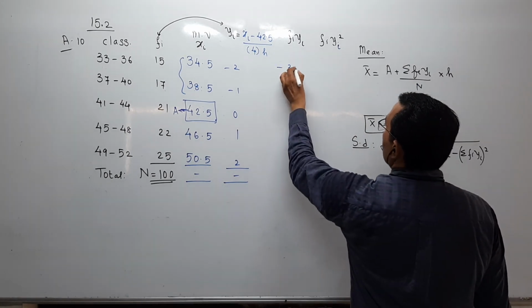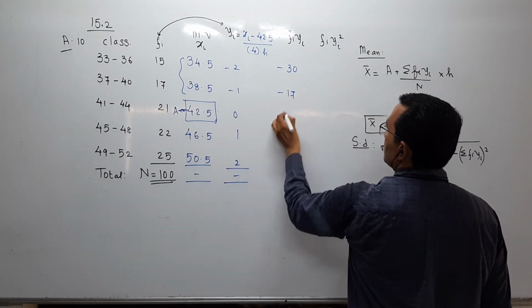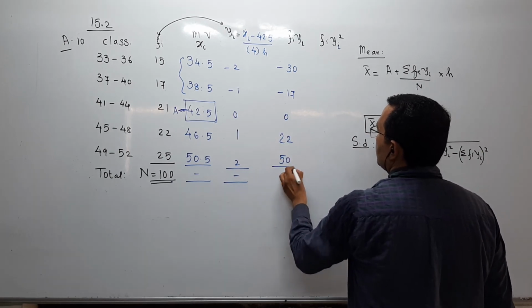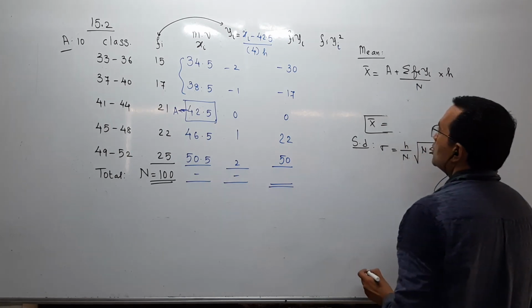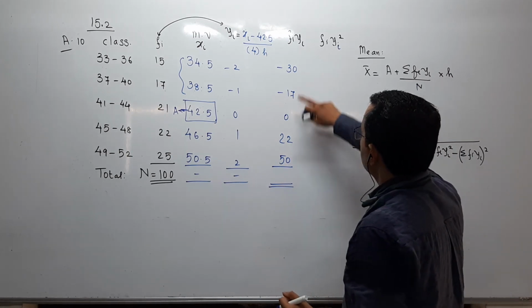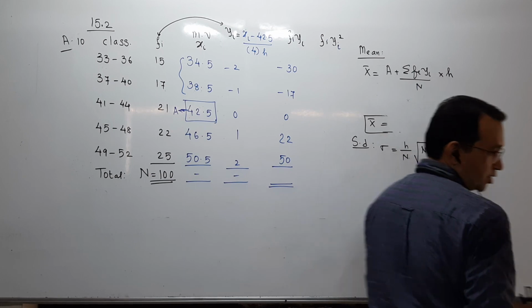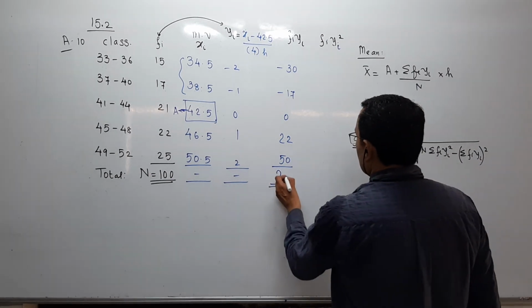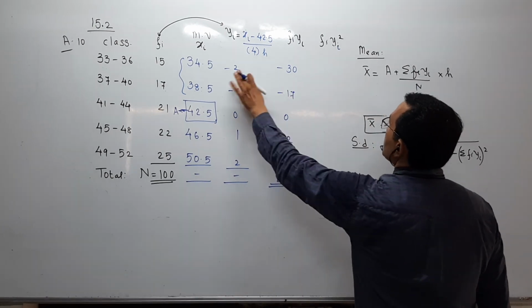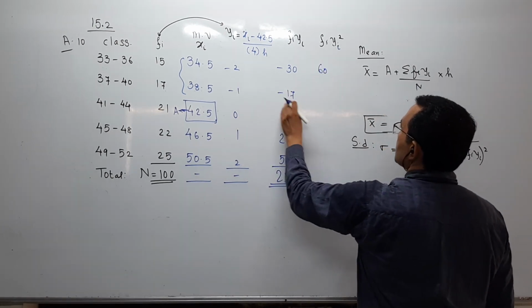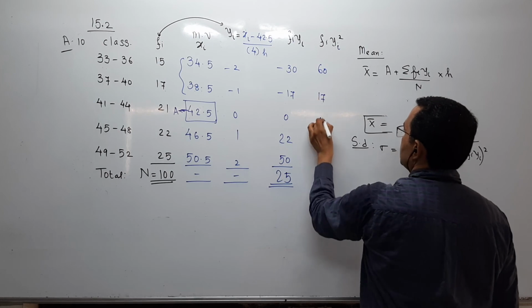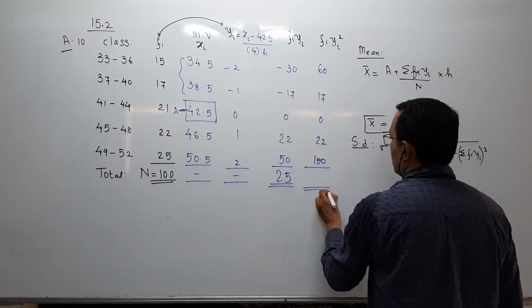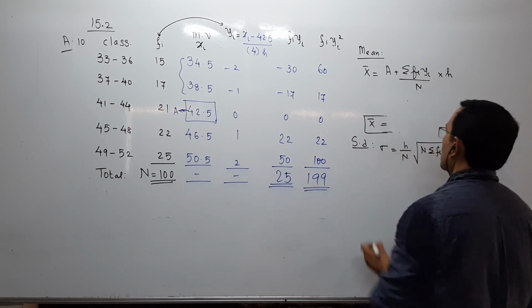fi yi: minus 30, minus 17, 0, 22 and 50. So 50 plus 22 minus 47 is 25. fi yi square: 60, 17, 0, 22 and 100, this total is 199.